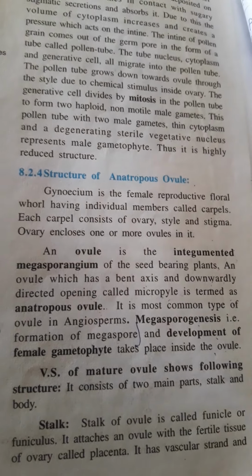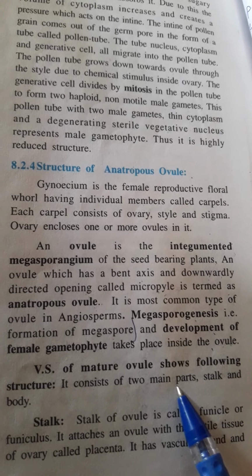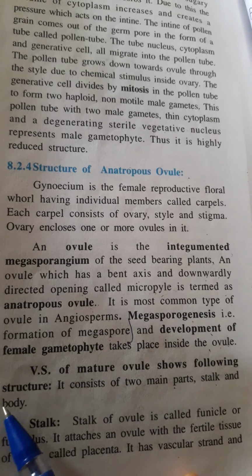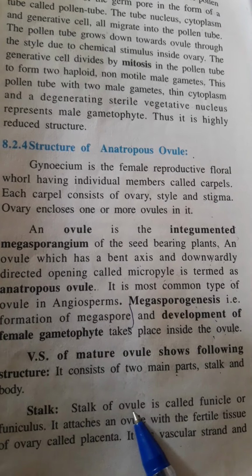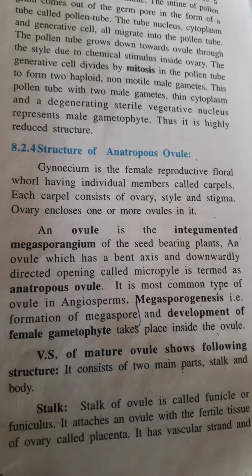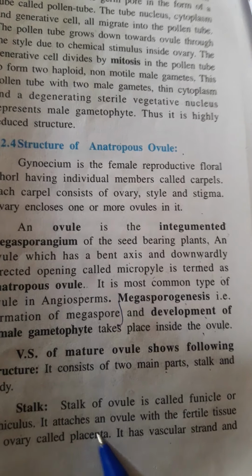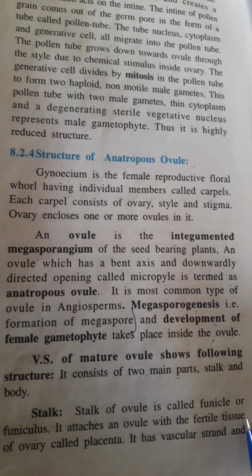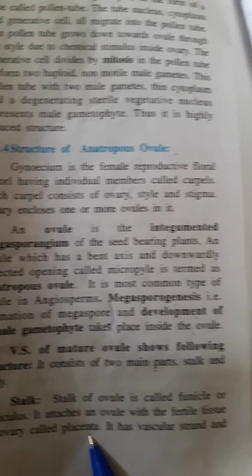Now, this structure of Anatropous ovule consists of two main parts, that is the stalk and body. Now, what does this stalk consist of? This stalk of ovule is called funicle or funiculus. It attaches an ovule with a fertile tissue of ovary called as placenta. Now, look over here.